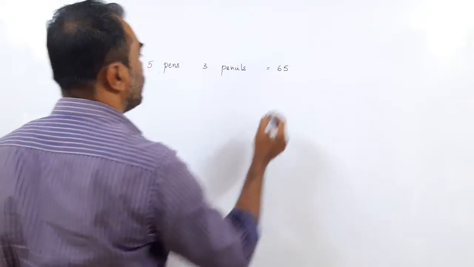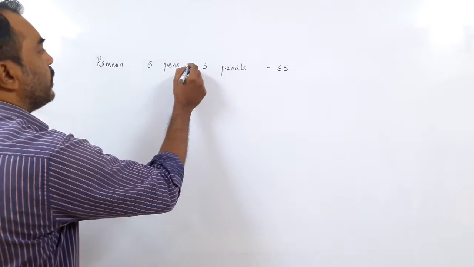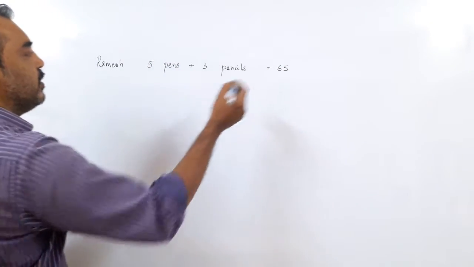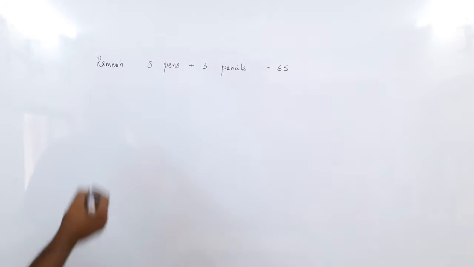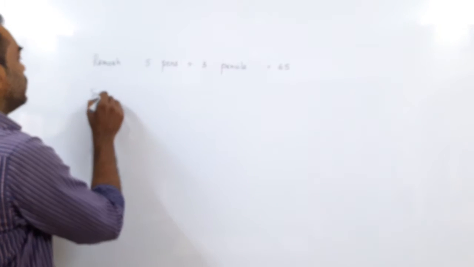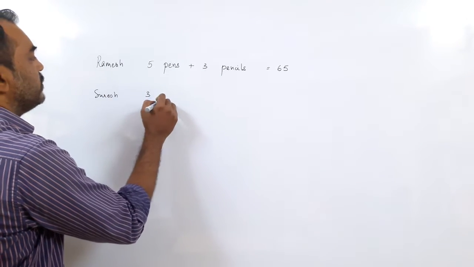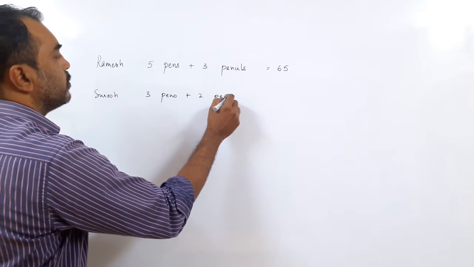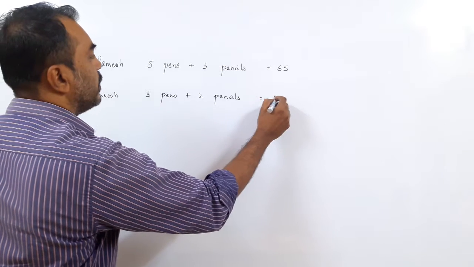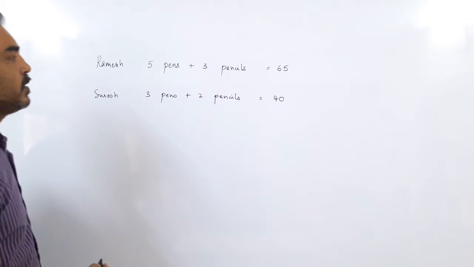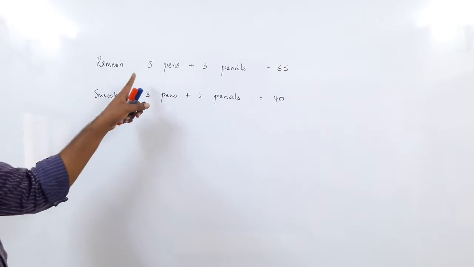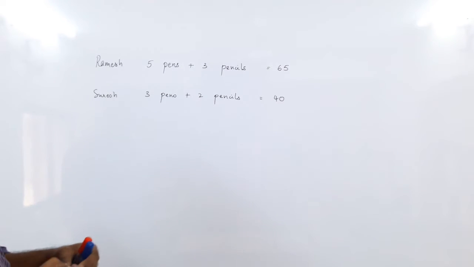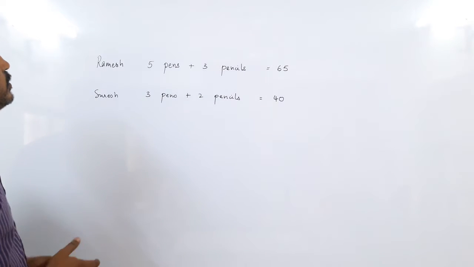The total bill is 65 rupees. He bought 5 pens plus 3 pencils for a total cost of 65 rupees. Suresh bought 3 pens and 2 pencils and the bill came to 40 rupees. So can we find out the price of 1 pen and 1 pencil? Have you understood the question?